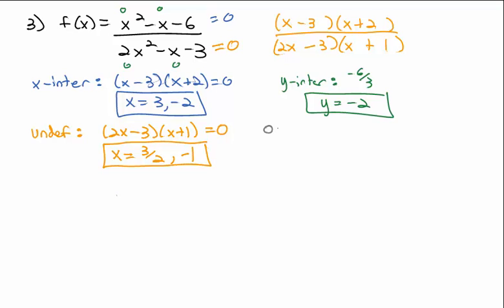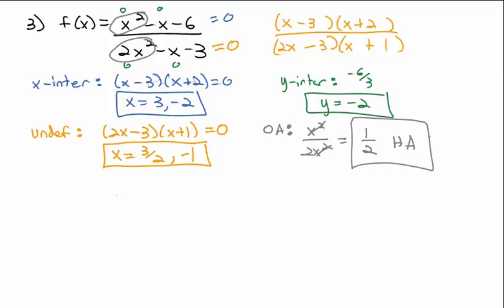The other asymptotes, we take those leading coefficients and reduce them, x squared over 2x squared. And the x squareds are going to reduce out, leaving behind 1/2. So that's going to be our horizontal asymptote, 1/2.